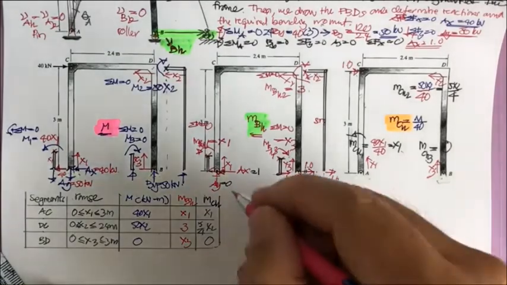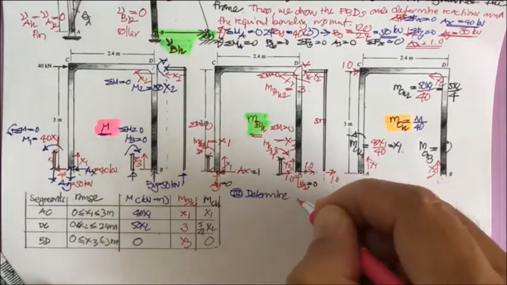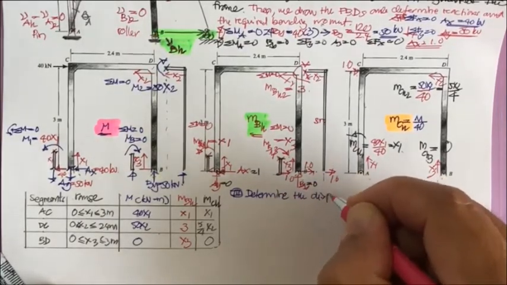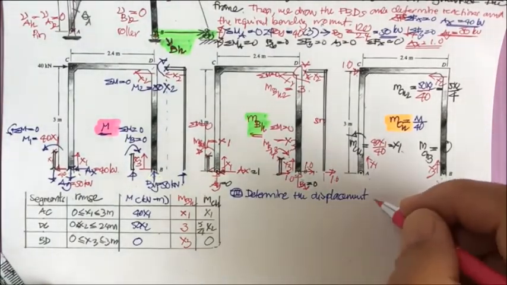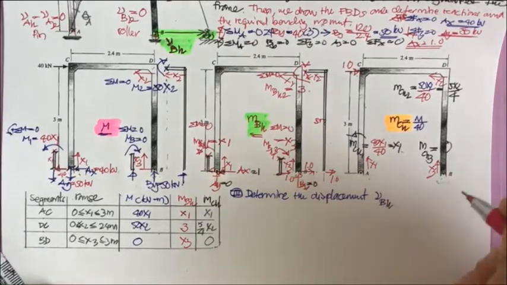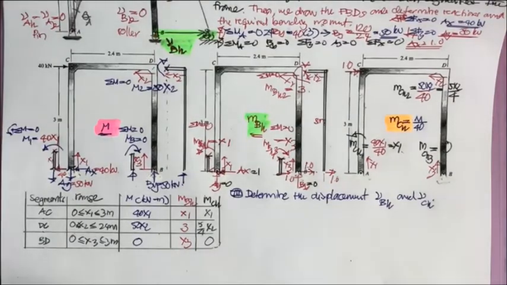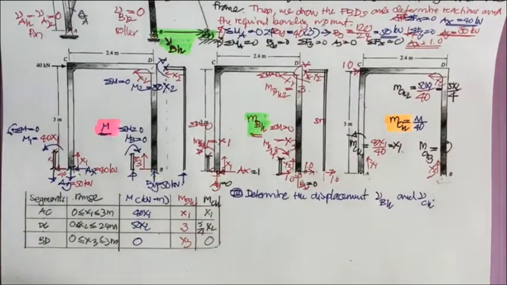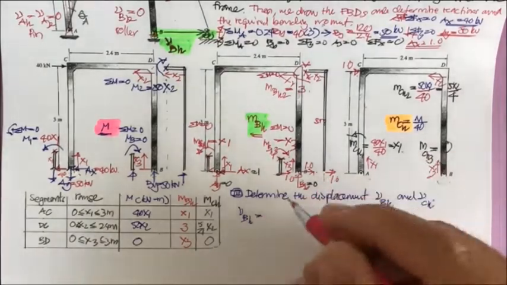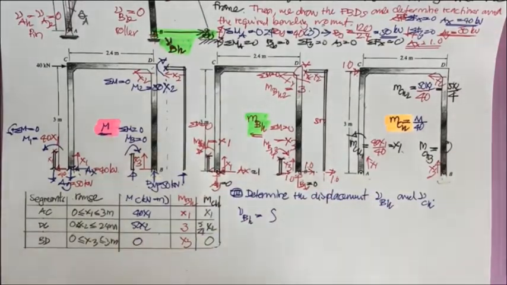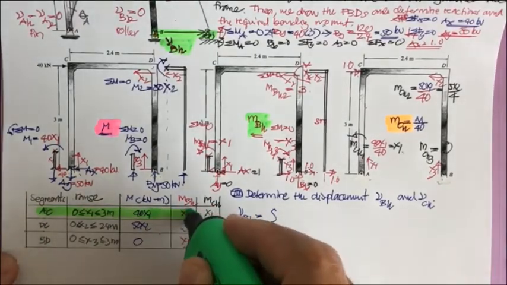Now we are ready for the third step: we determine the displacement. The displacement is going to be V sub BH and V sub CH, two of them, based on what we have in the table. V sub BH, the first one, the green one, is this one and this one.